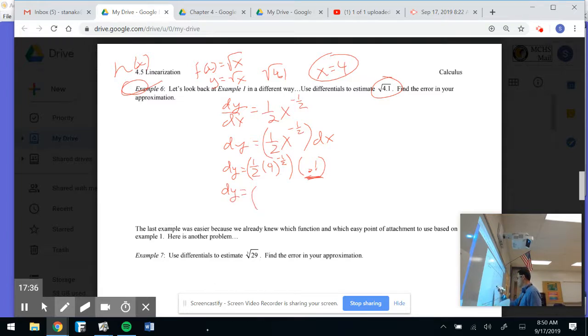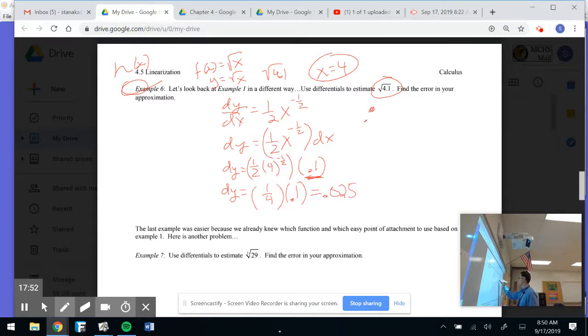That'd be 1/2, and another 1/2, so that would be 1/4, right, class? And then I'm going to multiply that by 0.1. Do the math on that, and I get an answer of 0.025.